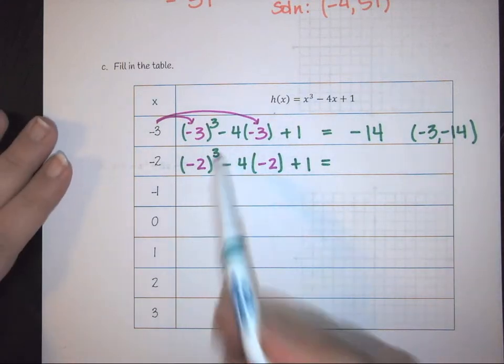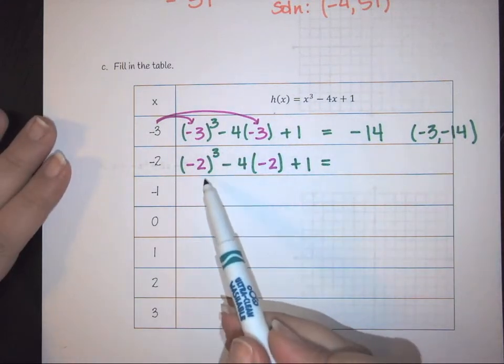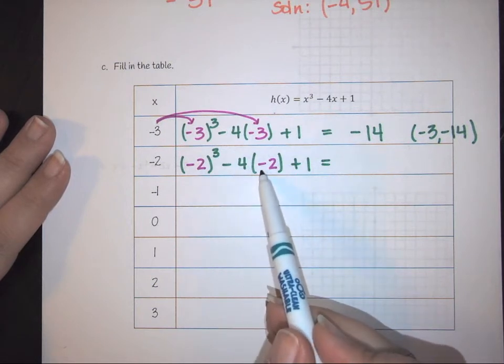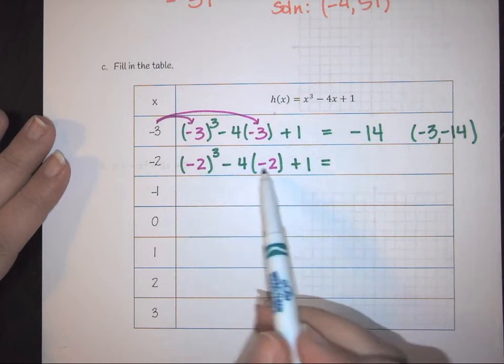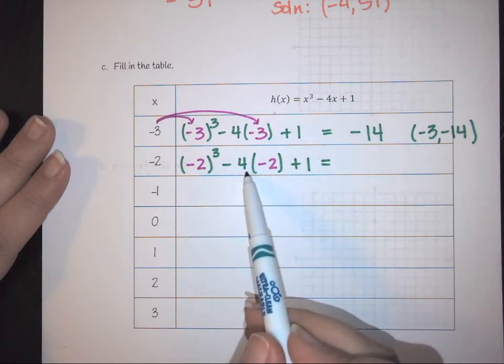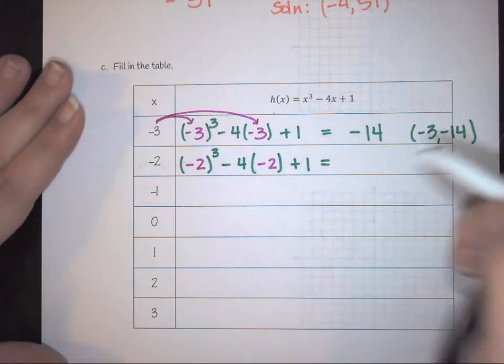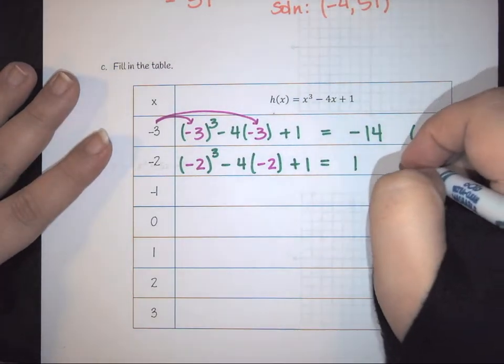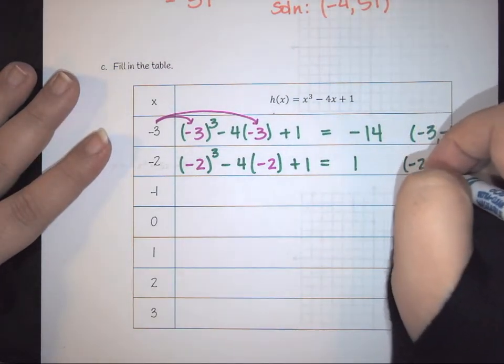So -2 cubed is going to be -8. -4 times a -2 is +8. These are going to zero themselves out, so +1 leaves you with 1 as an answer. Therefore, we've got the coordinate point -2, 1.